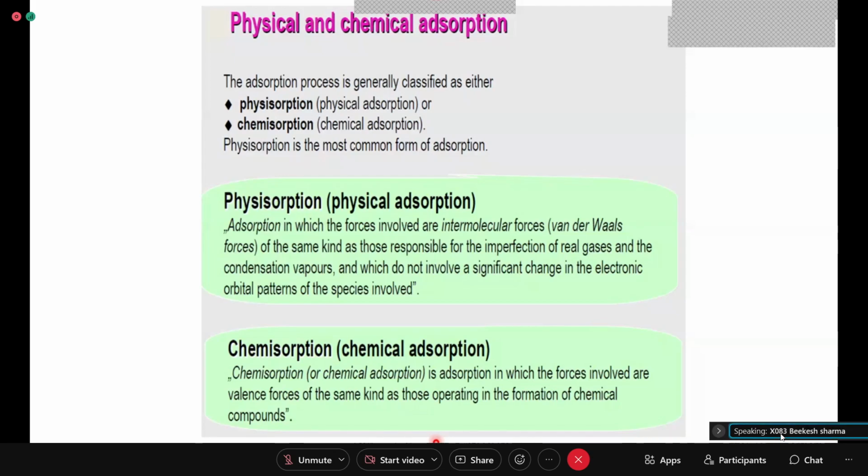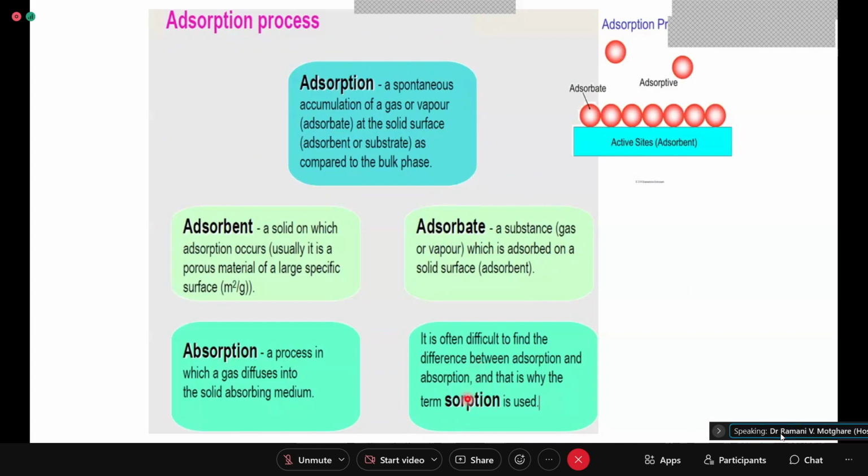Sorption. Yes, ma'am. So when you can't distinguish, like you have some material which is porous, and this is the chamber filled with some gas, and a brick is kept which is porous in nature. Now, what you will find is that the gas penetrates into the pores, but the concentration of these gas molecules is more on the surface of the brick than in the bulk of the material.